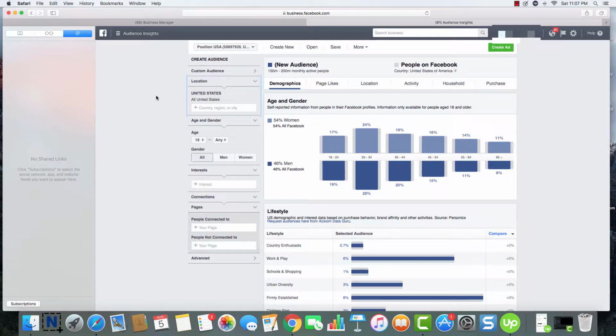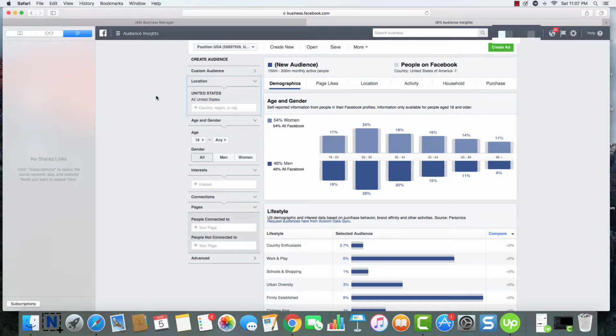Anytime we bring on a new Facebook ad client, or we have a new student going through our high ticket course, which is $5,000, no matter what that is, we start with a prospect and competitor analysis. What we use to do that is Audience Insights, but it's not the only tool. It's just part of the process.